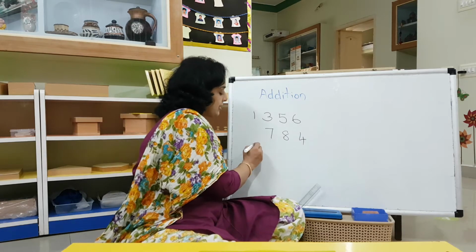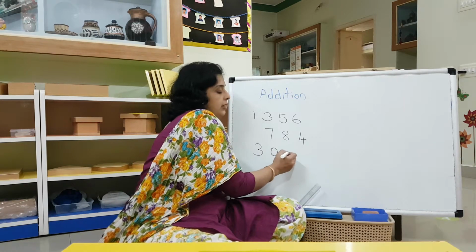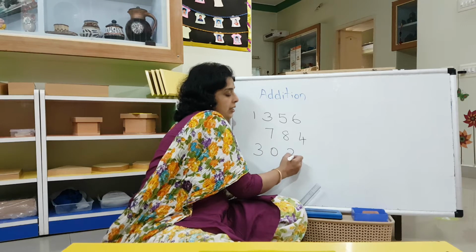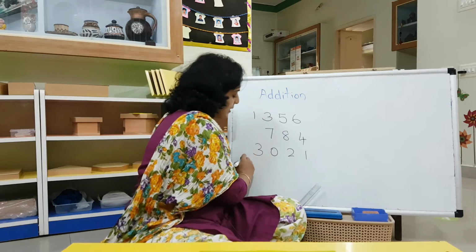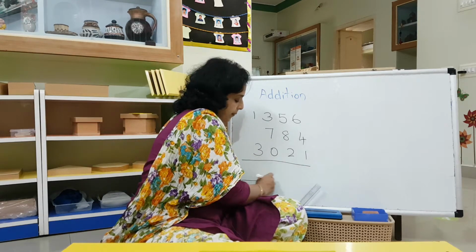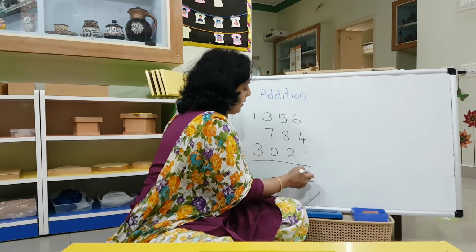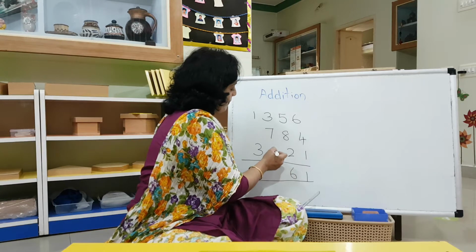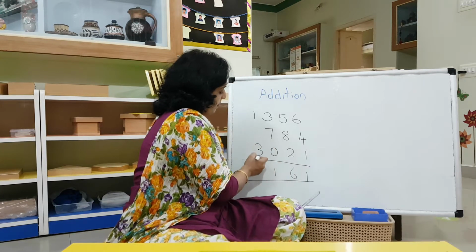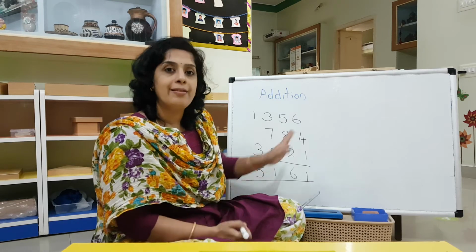Then he takes 3021. If he is taking like this, later he will get an answer here. You record the answer here, right? What will be the answer here? Okay, this will be your answer.